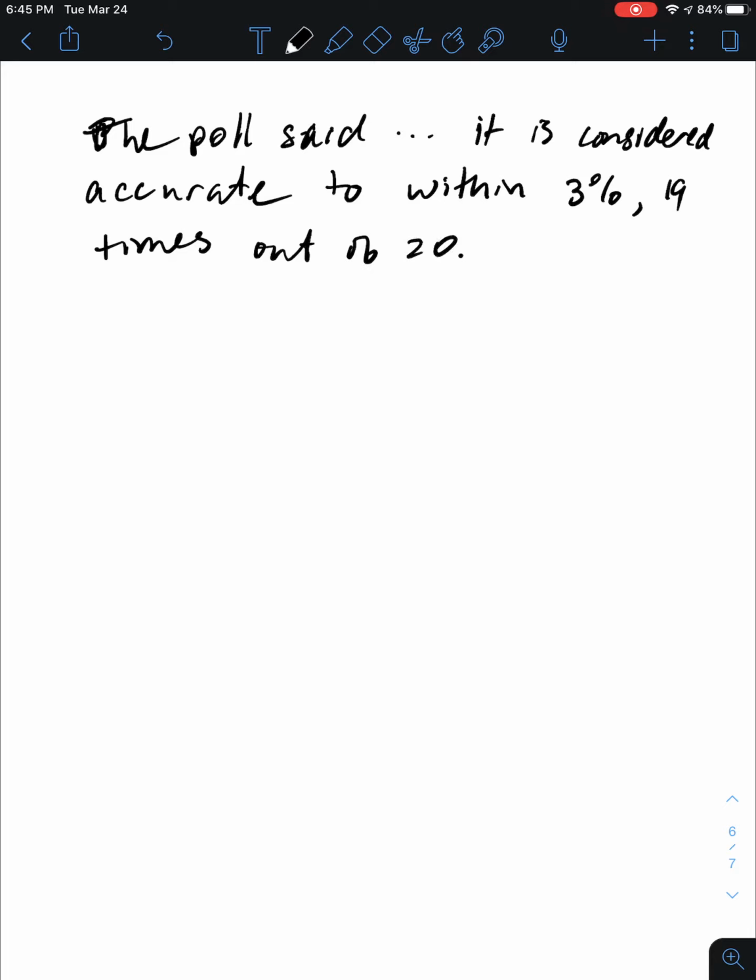So that is quite typical language for a poll that you will read about in the newspaper.